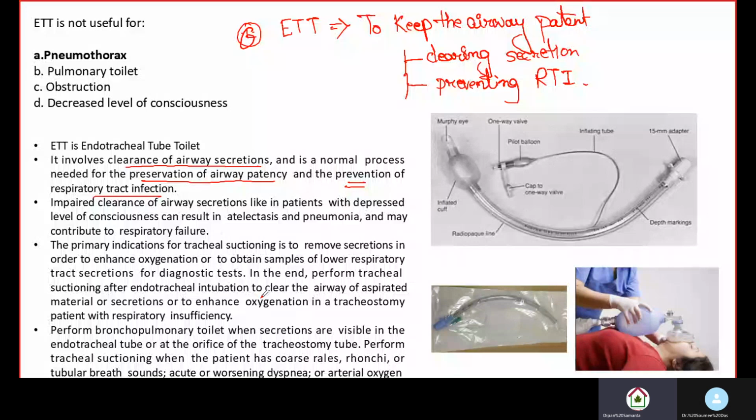Impaired clearance of airway secretion, like in patients with depressed level of consciousness.